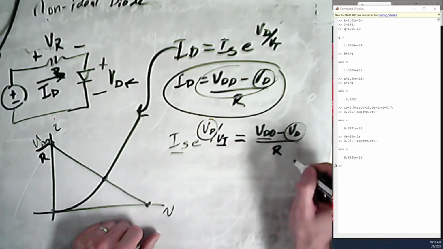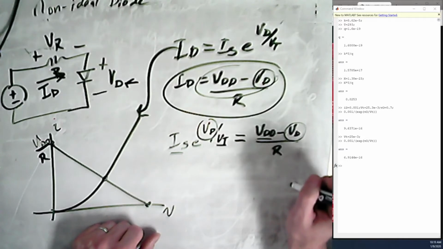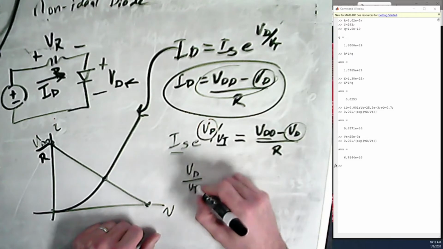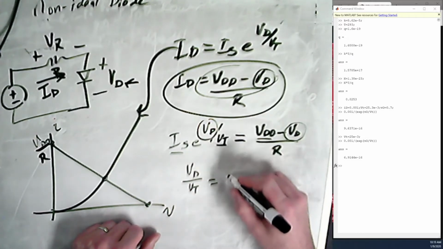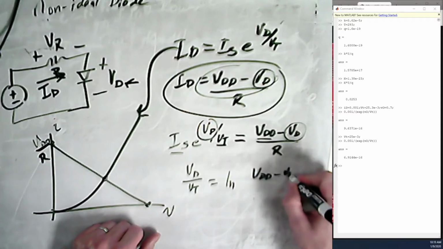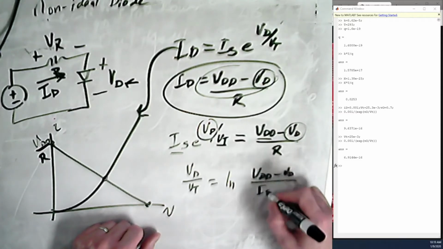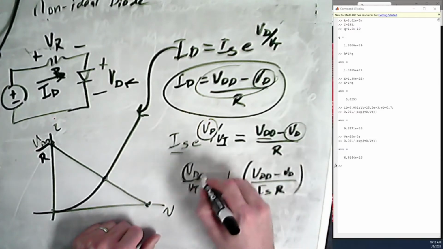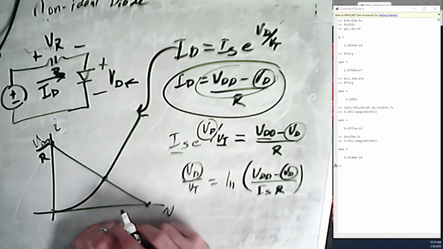This is a constant, and you're going to go through and you're going to say, okay, well, let's take the log of both sides. Let's divide by IS. We take the log of both sides, so we get VD over VT is equal to natural log of VDD minus VD over IS times R. And then you say, okay, we got to get these two VDs together and solve for it.